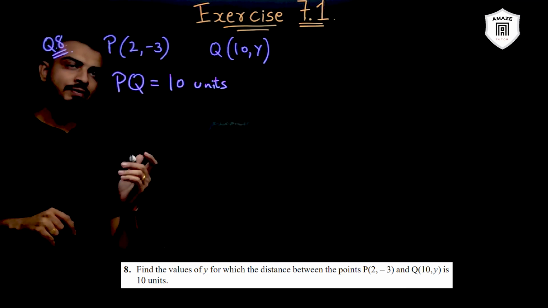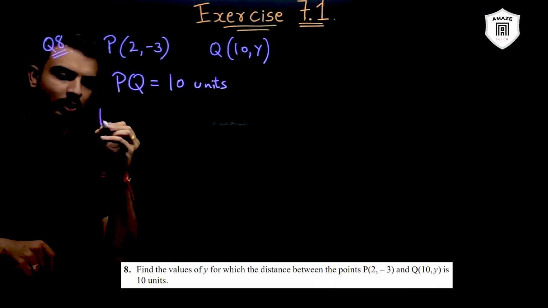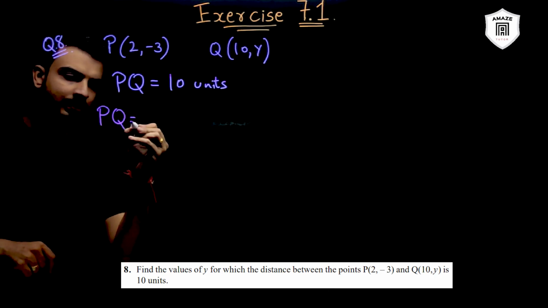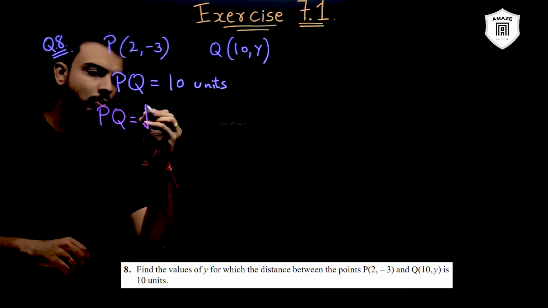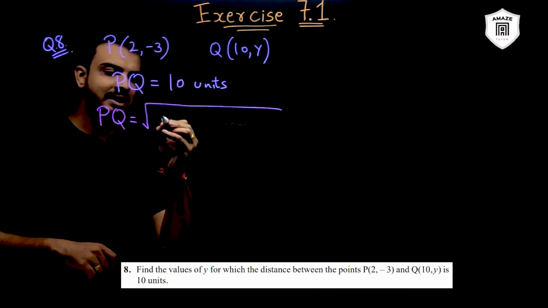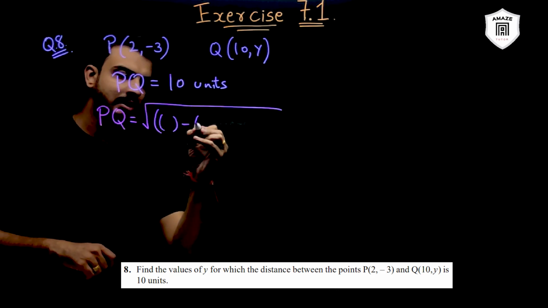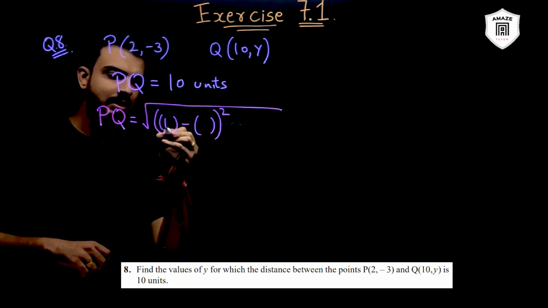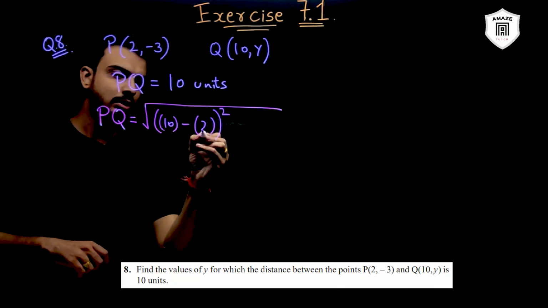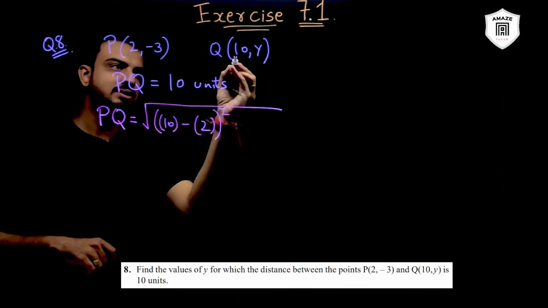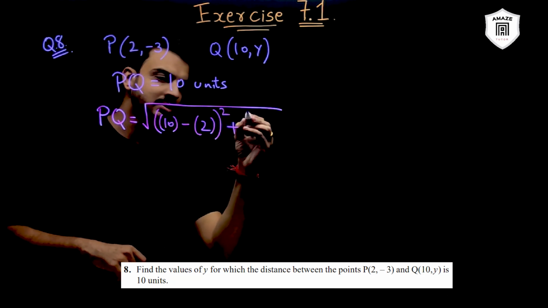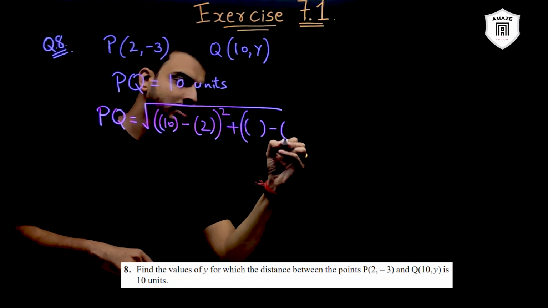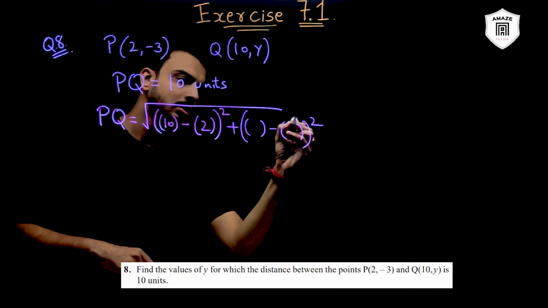So how to figure out the distance PQ? We know that using distance formula, PQ is going to be root of x2 minus x1 the whole square. So what is x2 here? It's 10, and what is x1 here? It's 2, right? Because this is x1 comma y1 and this is x2 comma y2, plus y2 minus y1 the whole square.